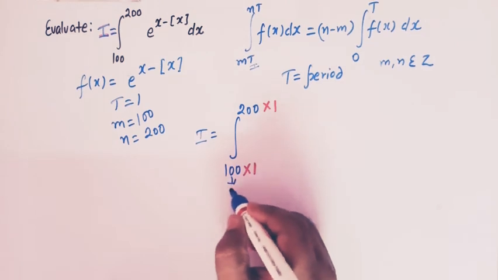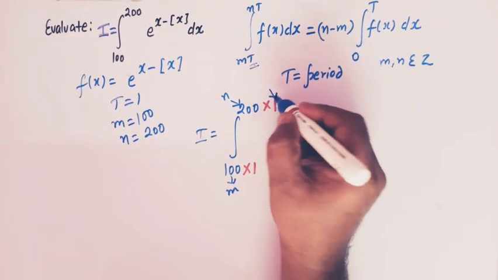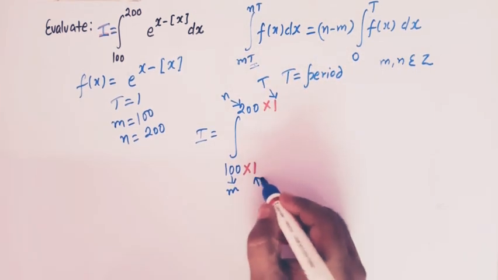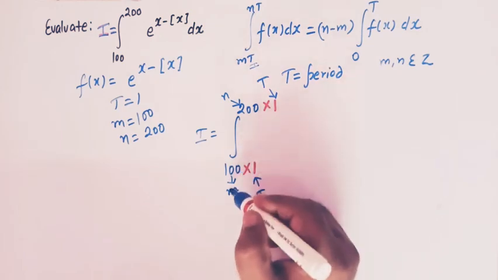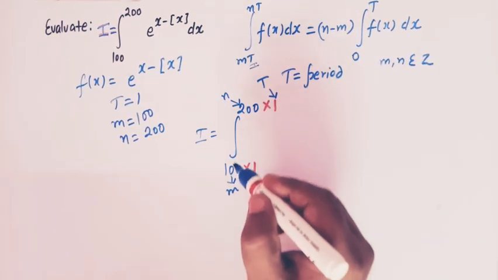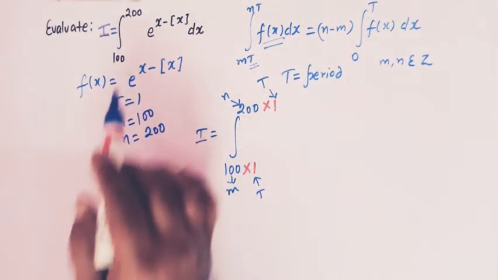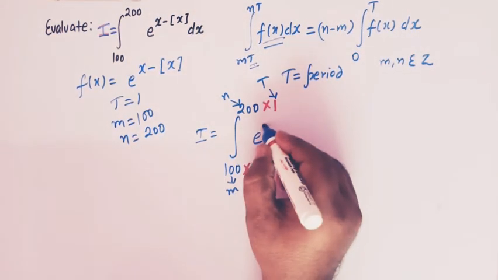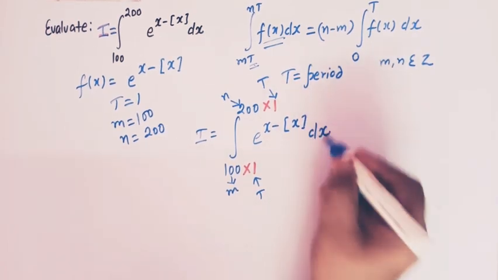So this is m, this is n, and this is t, and this is t. So the period is 1, and the integers m and n are 100 and 200 respectively, and f of x is e raised to x minus greatest integer x dx.